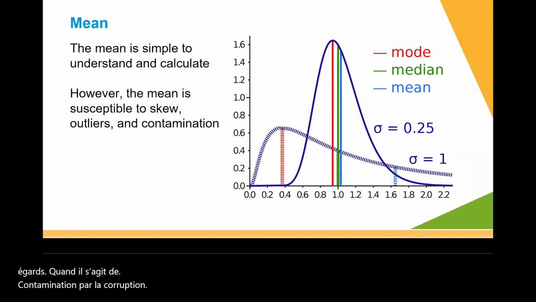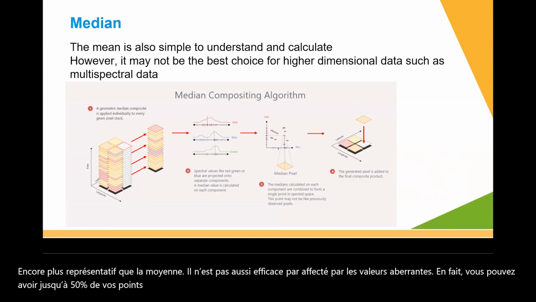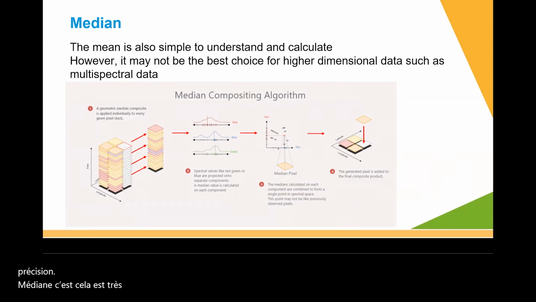As we can see from this one, the median here in green is still more representative than the mean. It's not as affected by outliers. In fact, you can have up to 50% of your data points being corrupted until you can't actually get an accurate median. This is very enticing for us to try to create composites out of this.